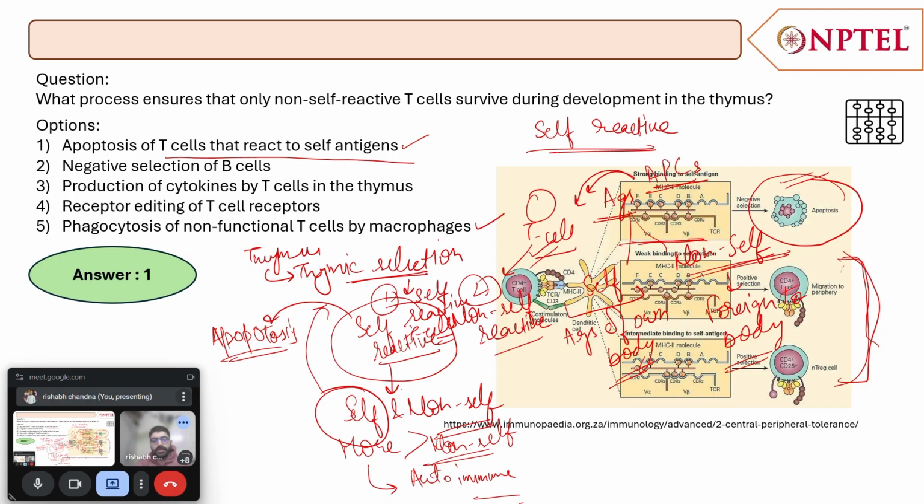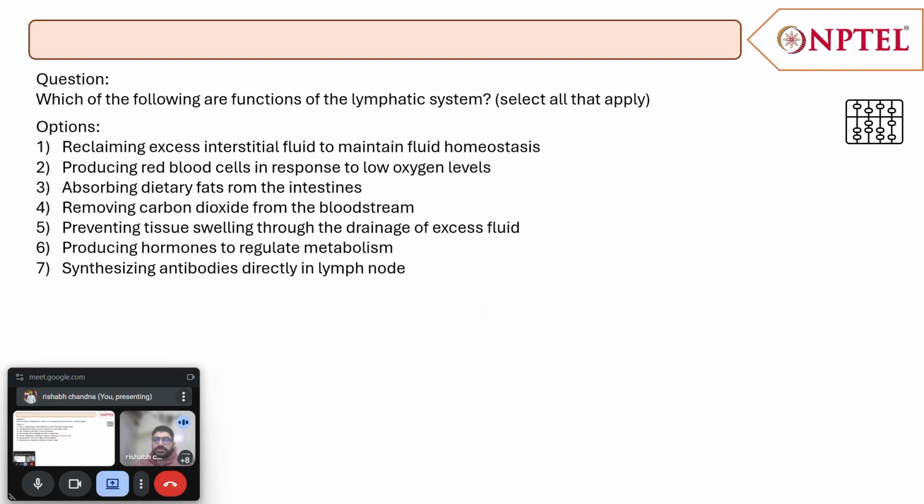Okay, if not, then we'll move on to the next question. Which of the following are the functions of the lymphatic system?